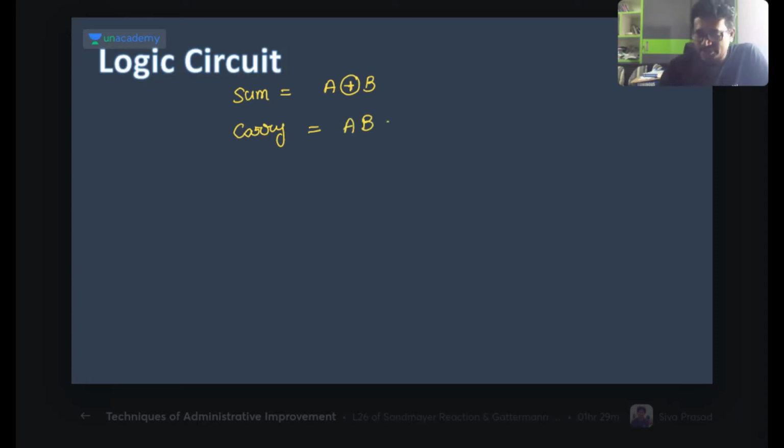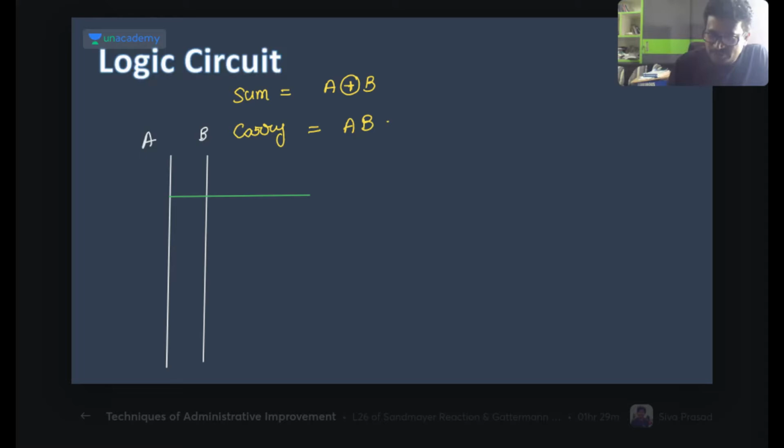So how can we implement this sum and carry? You can see here, I am taking A and B. Now I am calling this A and this B. Sum means A XOR B. So from A and from B, I have taken two lines, and the two connections we are making here.